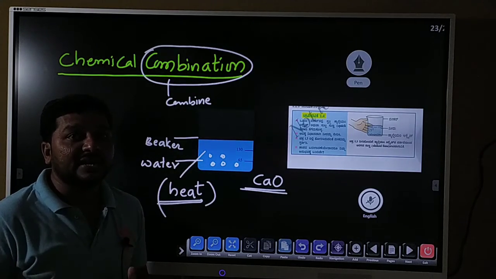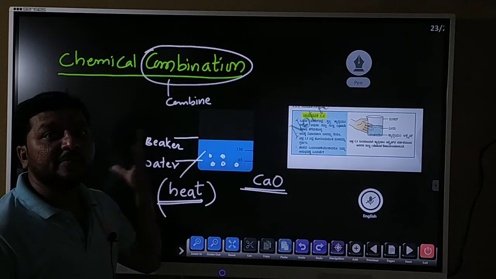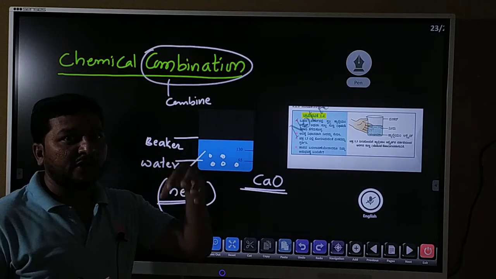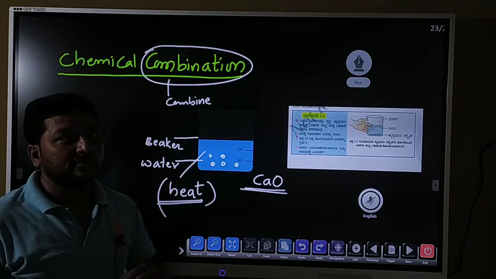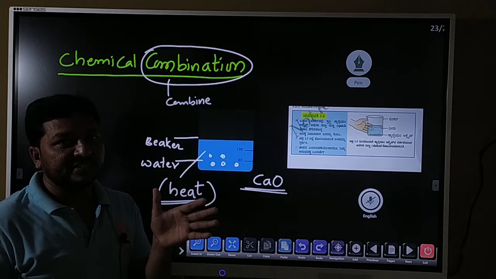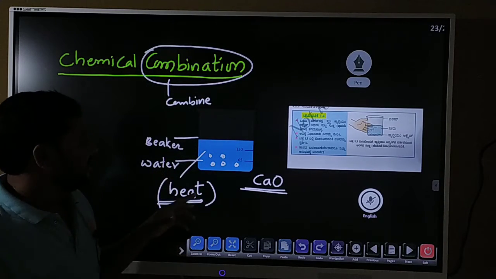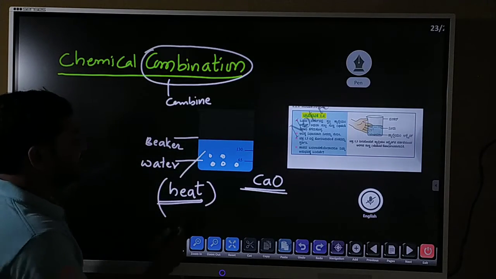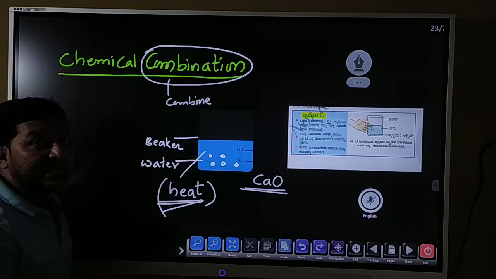That means in this chemical reaction, heat is liberated. If you touch the vessel in which water and calcium oxide are mixed well, it is a little bit hot, because in the chemical reaction heat is released.